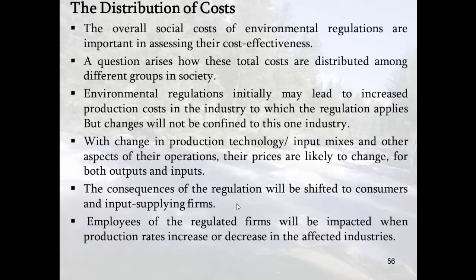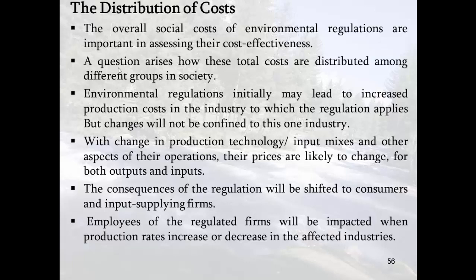The next type of cost in the benefit cost analysis is the distribution of costs. The overall social costs of the environmental regulations are important in assessing their cost effectiveness. A question arises how these total costs are distributed among different groups in society. We know that there are costs due to the environmental regulations.